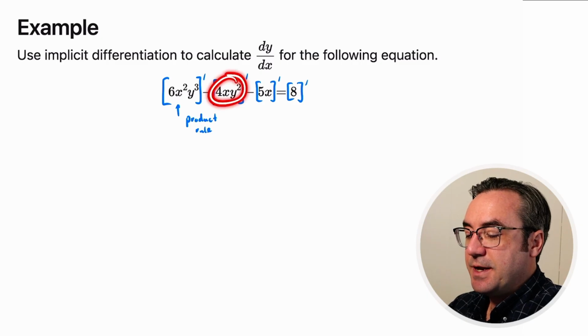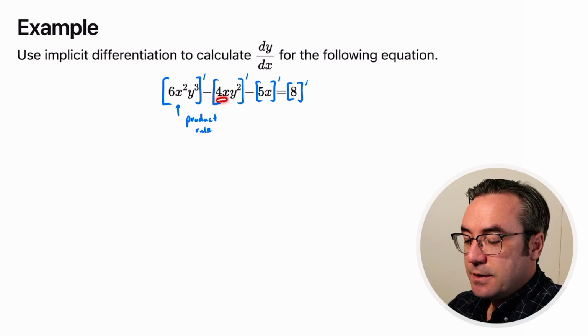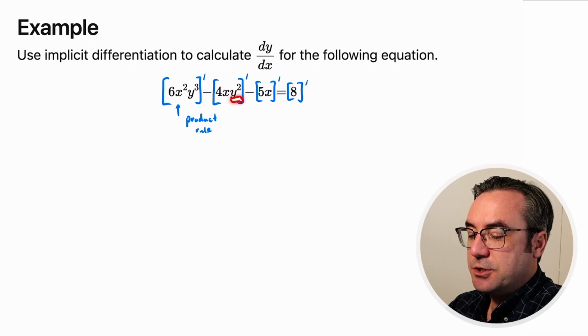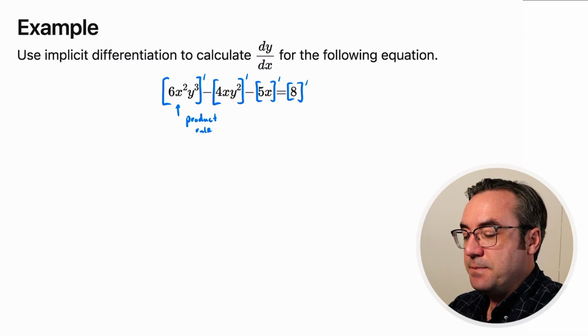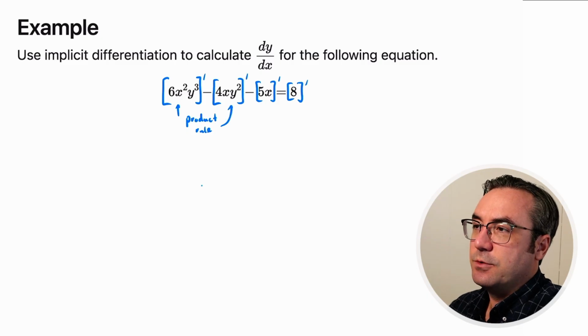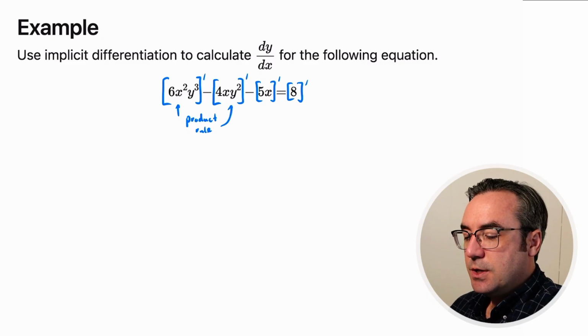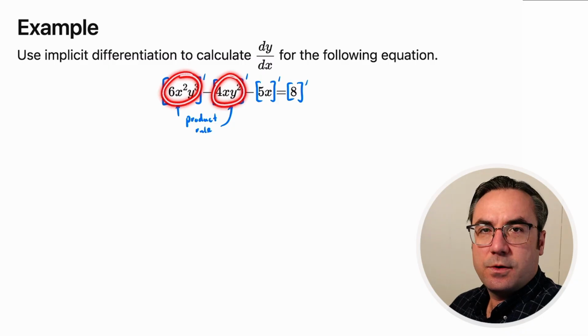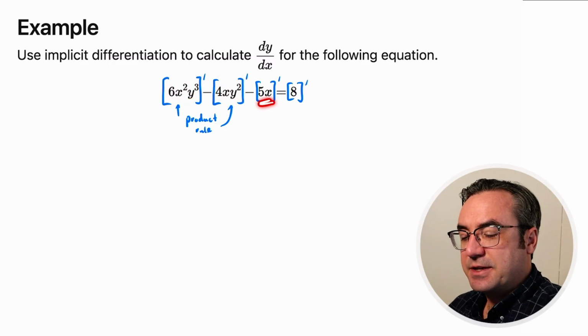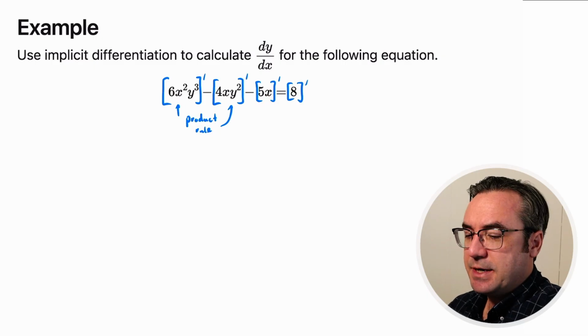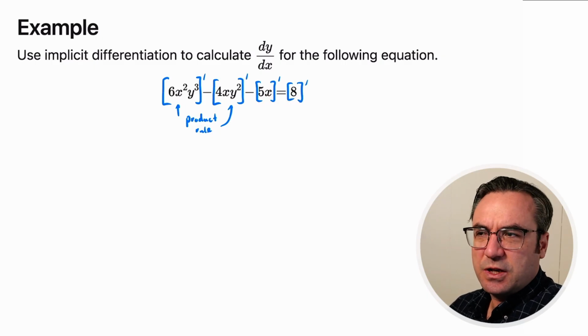And the next one also has some x terms and some y terms, multiplied in the middle, so we're also going to use product rule for this one. So we've got to do a little bit more with those two. What about the 5x? That one just has an x, so that one's not a big deal. And the constant over here is also not a big deal.